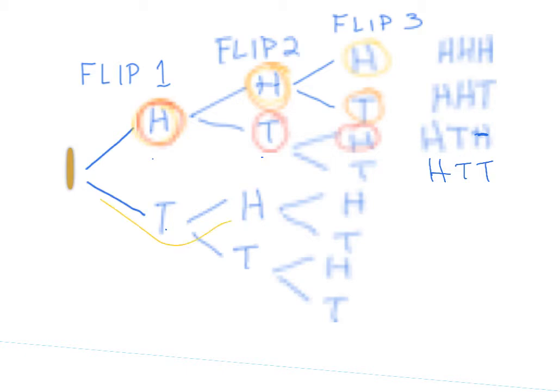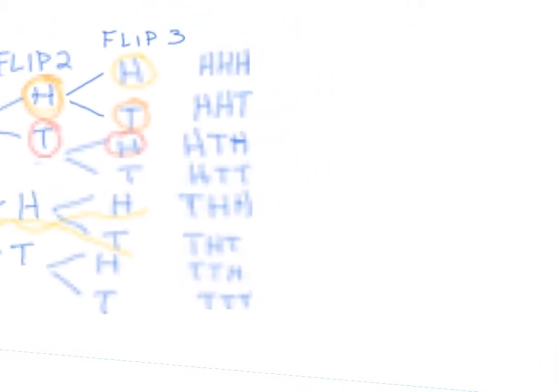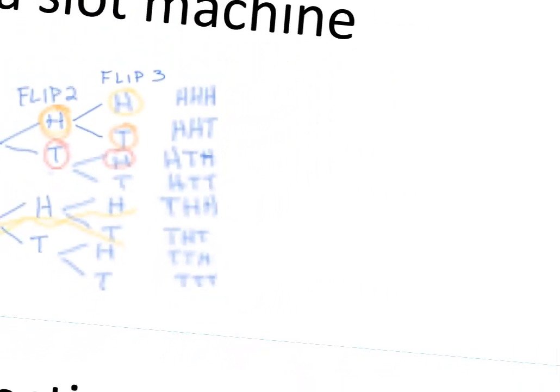We go down this way with the next branch. Tail, head, head. Tail, head, tail. Tail, tail, head, and tail, tail, tail. So here is a list of all of our outcomes.